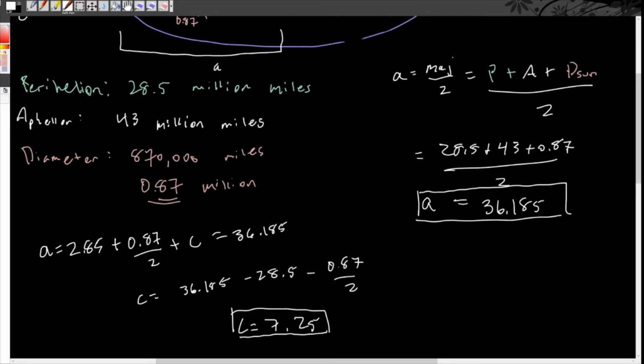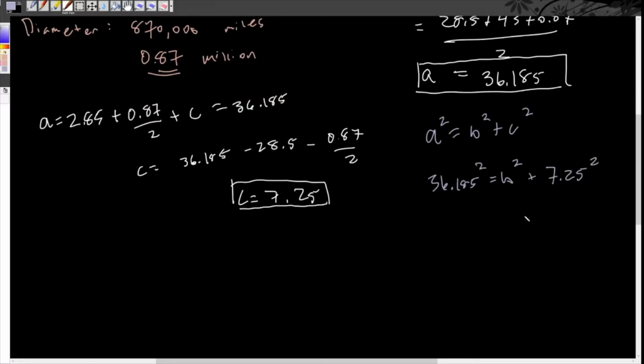Given the equation A squared equals B squared plus C squared. So let's see. 36.185 squared equals B squared plus C squared.